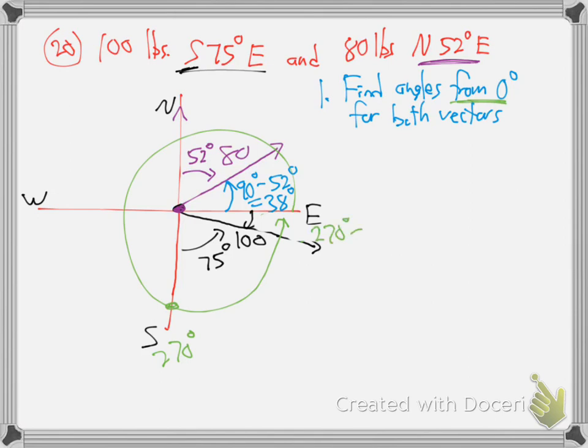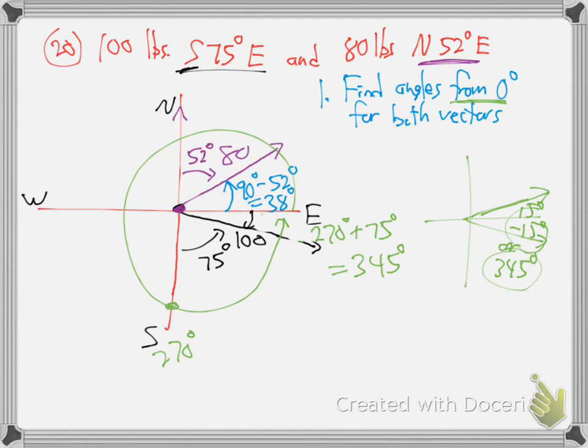It's 270 plus 75, which is 345. Thank you. Now you could do negative 15. That's the same place. But you can't do regular 15. Regular 15 would be right there. That's not the direction of that force. He's negative 15 or 345. Either one of those will work.